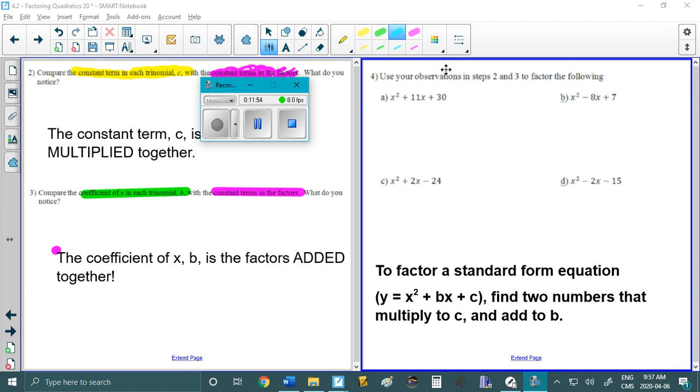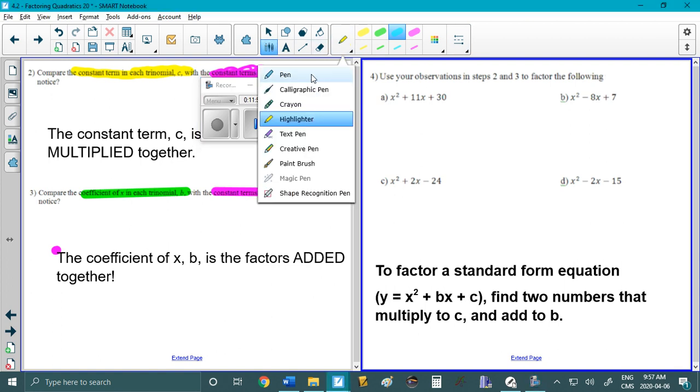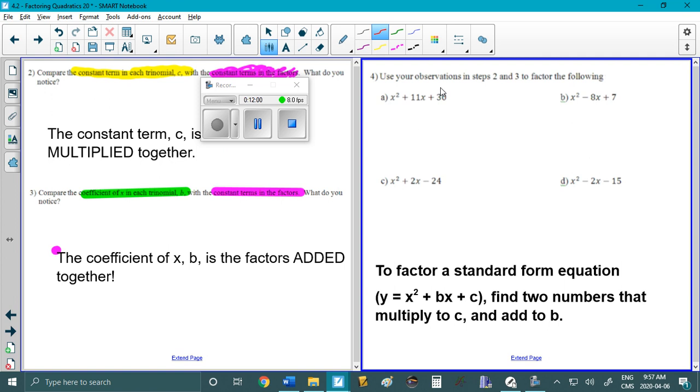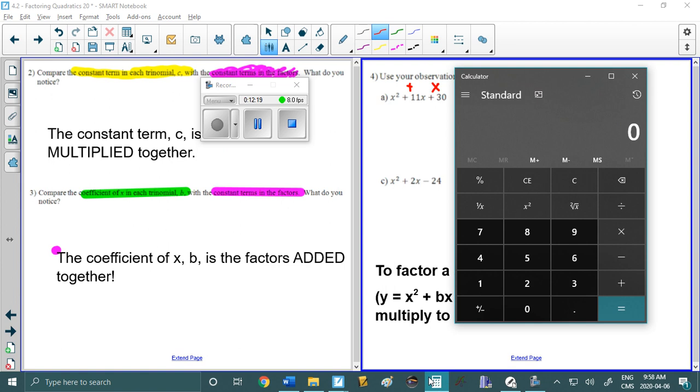All right, so we need to find two numbers that multiply to positive 30 and add to 11. So if two numbers multiply to a positive, they're either both positive or they're both negative. But if those two numbers add up to a positive, they have to both be positive. So for those of you that don't know your times tables very well, go to the calculator, do 30 divided by 1 is 30.